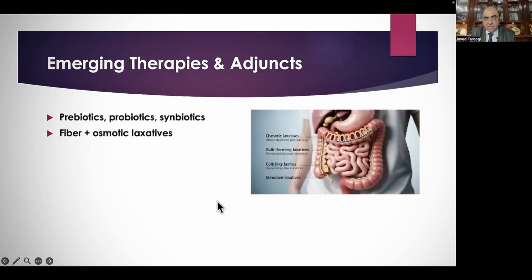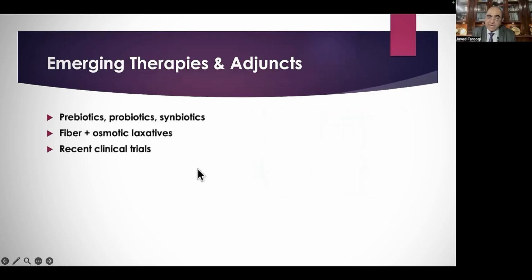Then there is emerging data about the fiber and osmotic laxatives, the osmotic laxatives, bulk forming laxatives, then the stimulant laxatives. All these are the different types of laxatives. And of course, the recent clinical trials are important.